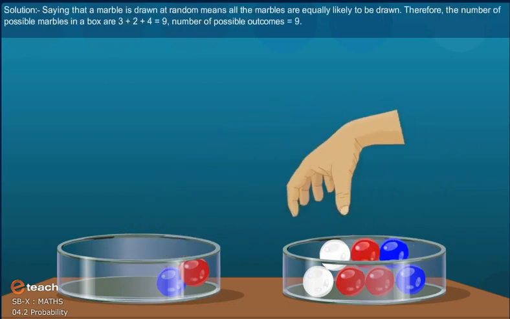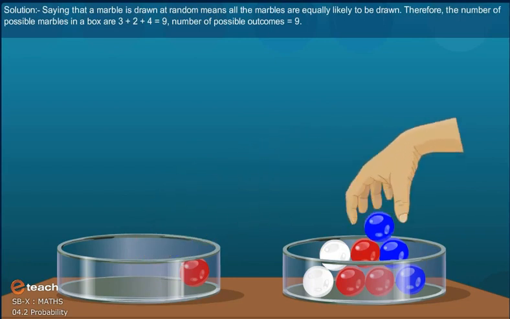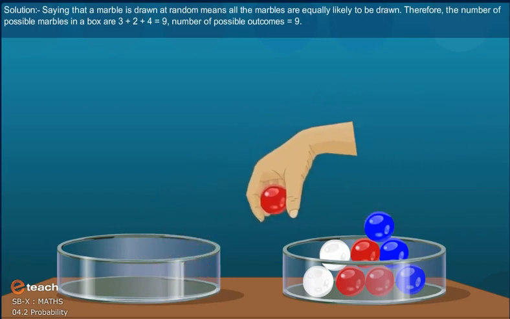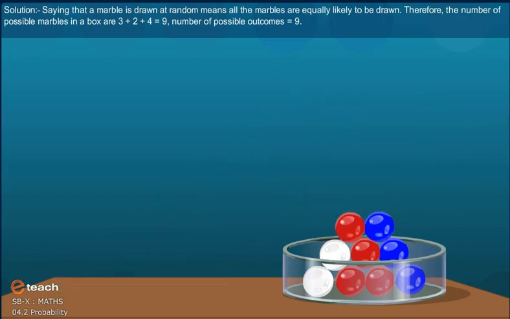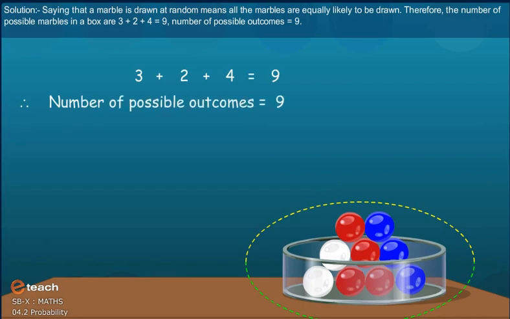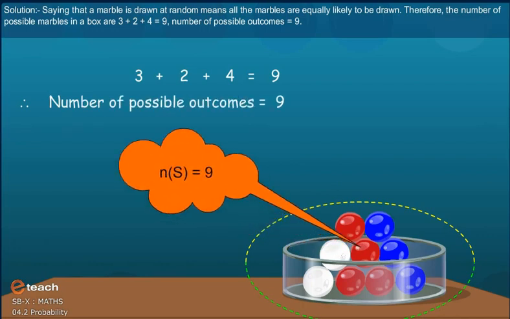Solution. Saying that a marble is drawn at random means all the marbles are equally likely to be drawn. Therefore, the number of possible marbles in the box is 3 plus 2 plus 4, which is equal to 9. Number of possible outcomes is equal to 9. So, n(S) is equal to 9.